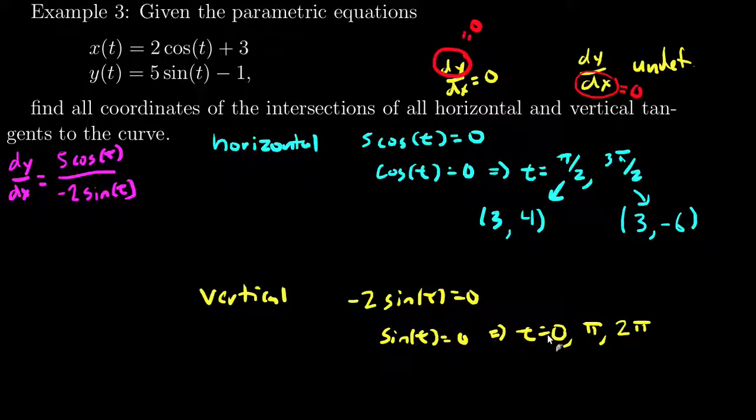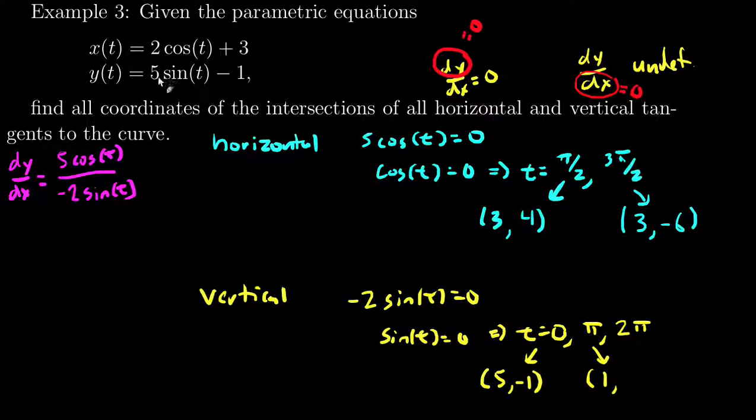And for these, I'll do the same thing. So I'll put them in. I get something for 0, something for pi, and 2 pi is going to give me the same thing as 0. So put in 0, cosine of 0 is 1, times 2 is 2, plus 3 is 5. Sine of 0 is 0, times 5 is 0, minus 1 is negative 1. When I put in pi, cosine of pi is negative 1, times 2 is negative 2, plus 3 is 1.